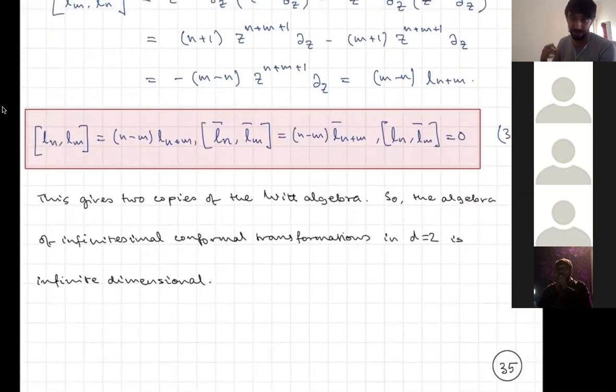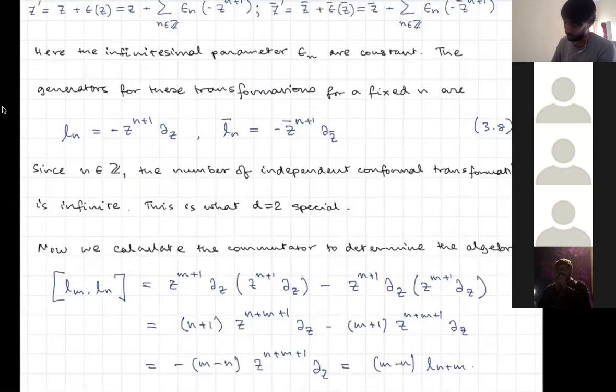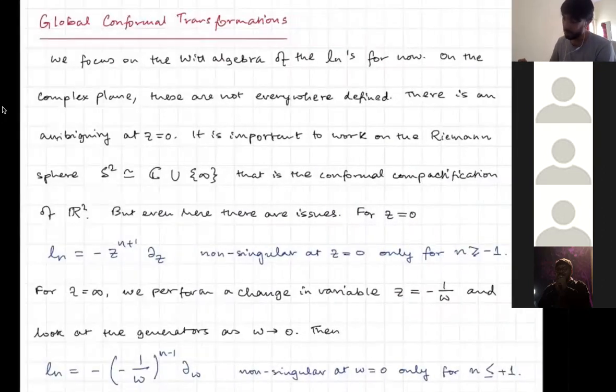So you have an infinite dimensional set. Now, that was L_n, which was defined for all n and m, for all integers.